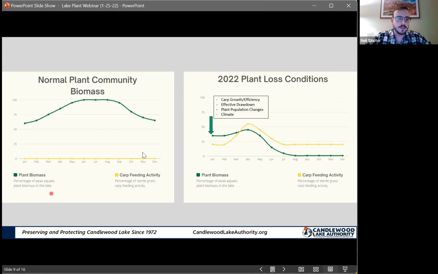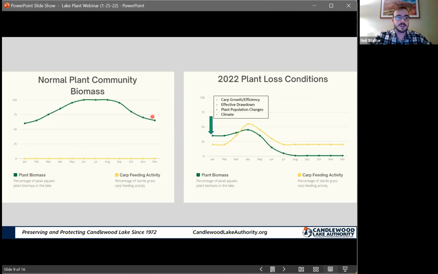So on the left side, this is Candlewood. This is a lake with no grass carp and no other management techniques, maybe a shallow drawdown, right? You see we're losing some biomass in the wintertime. And there's some natural loss of plant biomass in the wintertime. The problem is milfoil is actually a very hardy plant, and it likes to stick around over the winter.